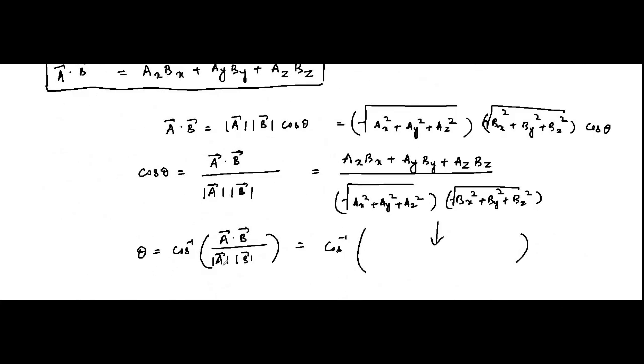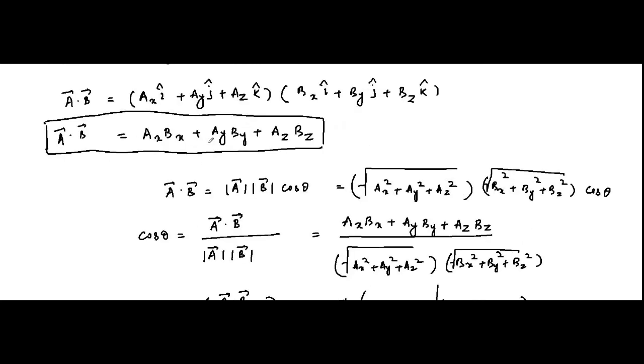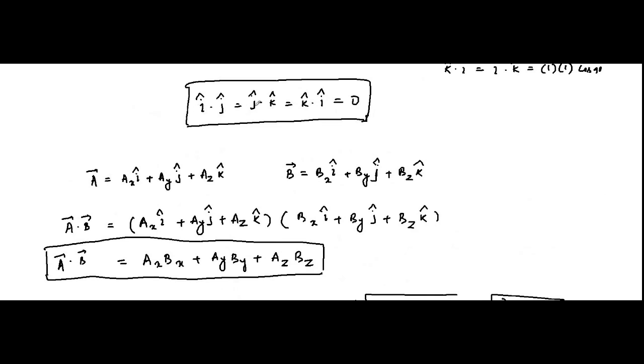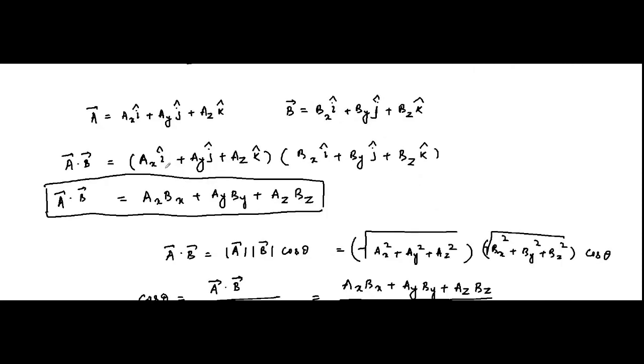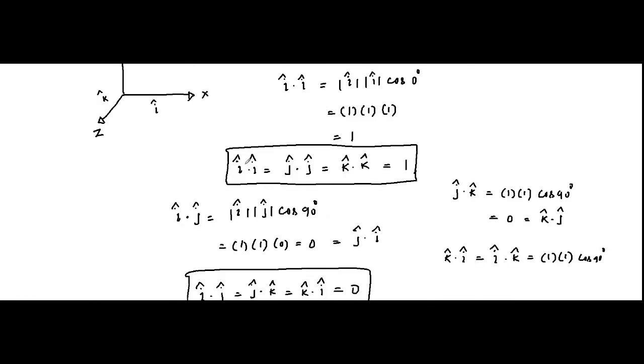First, you determine the dot product, express it in this way, because instead of doing the dot product with all these components, we simply know that i dot j, j dot k, k dot i will give us 0. So directly we determined the value of the components which have the same unit vectors, because only those same unit vectors' dot product will give us a unity result, one.